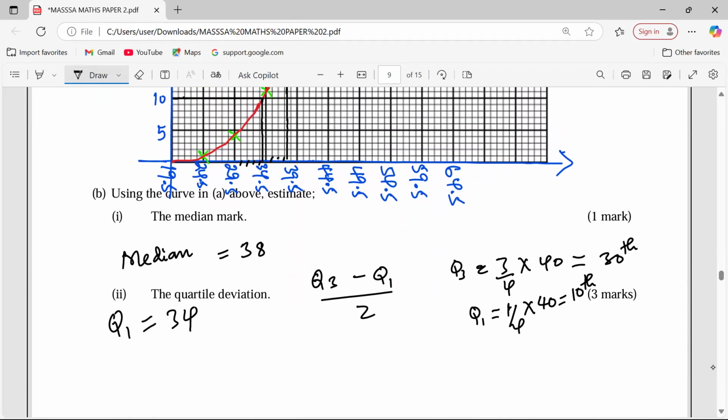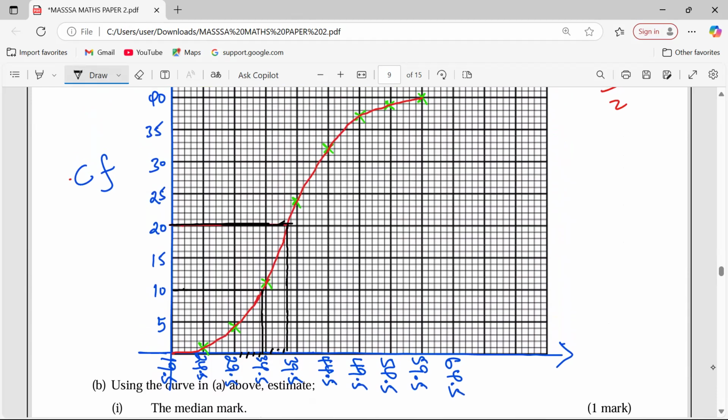What about Q3? Now we check the 30th learner and what he or she has scored. At that point, we come down and we read the value of the mark, again coinciding with this.